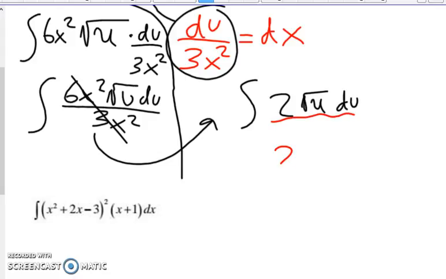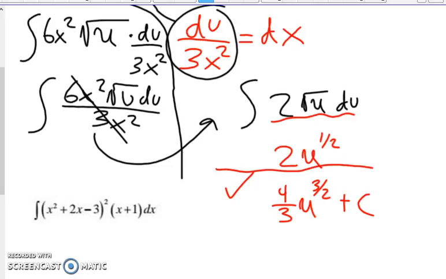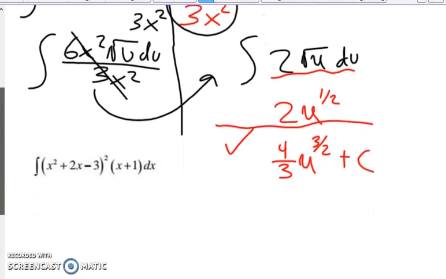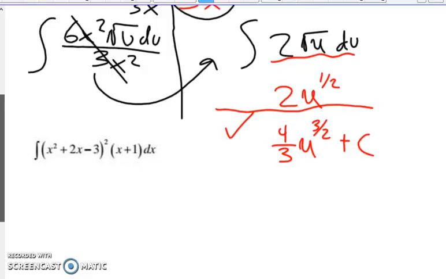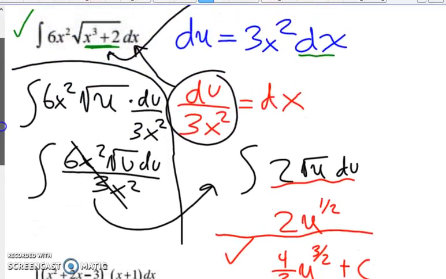So I'm going to do that. I rewrite it as 2u to the 1/2. Antiderivative will be u to the 3/2. And that exponent out front, the coefficient, will be 4/3. So I actually do my antiderivative here. And then now I just sub back in what I called u originally.